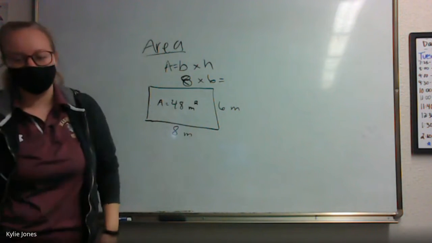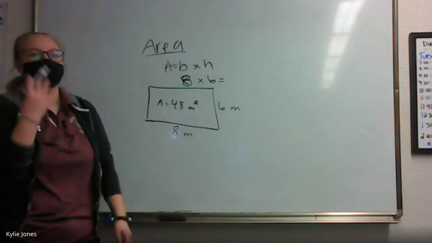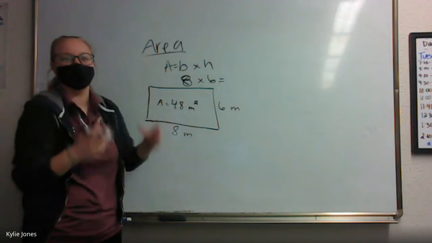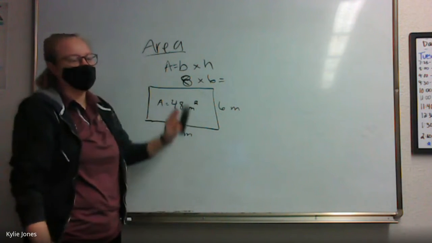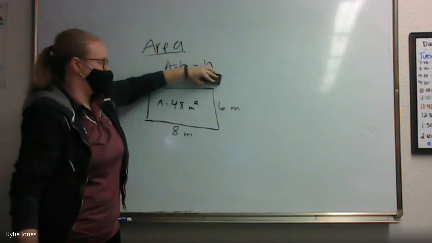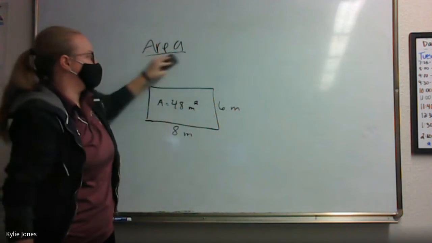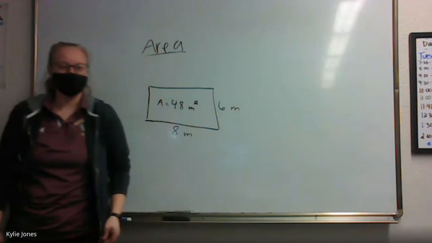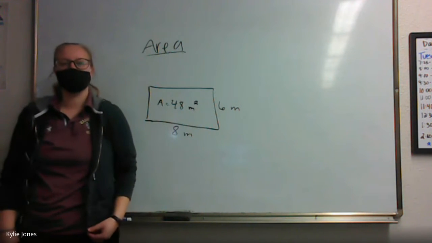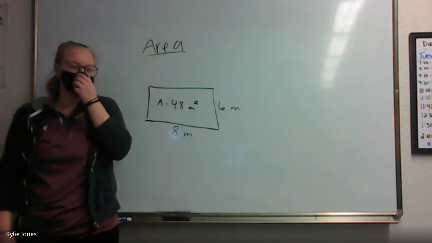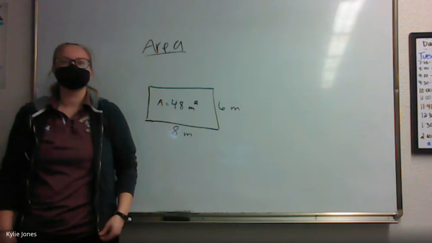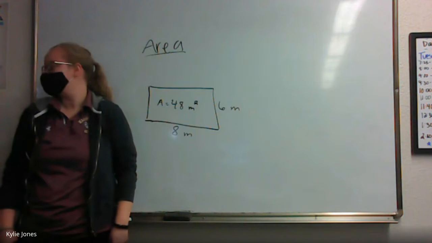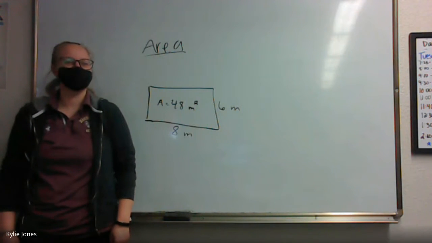Now, something that we're going to throw in this week, which you guys already know how to do, it just tends to confuse the two, is the perimeter. We're going to find the perimeter of this rectangle now. How do I find the perimeter? What is a perimeter?